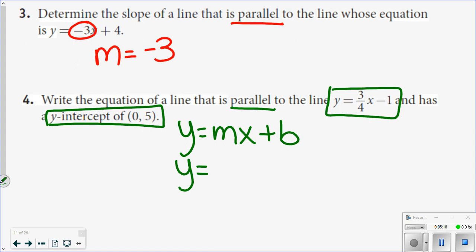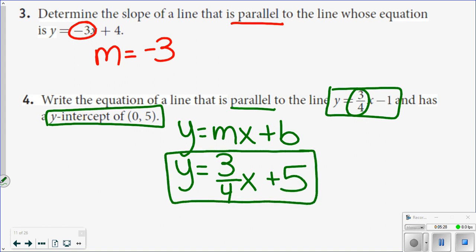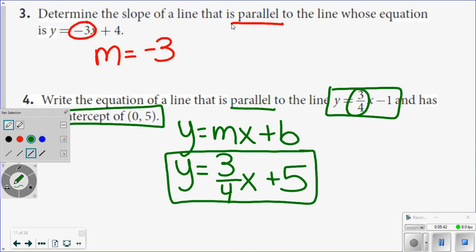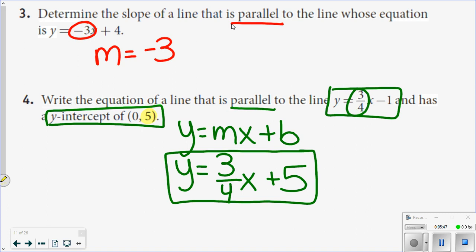So it would be 3 over 4 x plus 5, my new y-intercept. It cannot be the old y-intercept, because that would be the same exact line. I don't want the same line. I want a line parallel to that. So make sure you use the new y-intercept here of +5. And then we have the same slope, 3/4. Any questions?